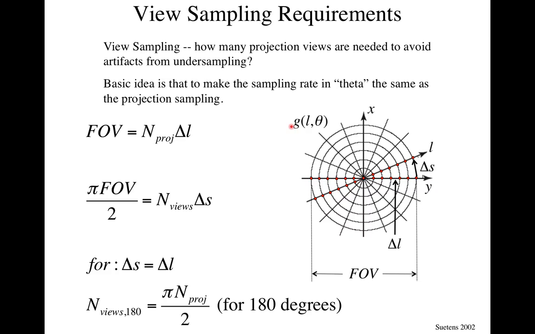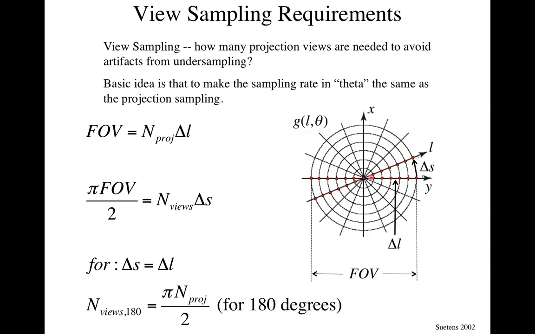So how do we derive this? So if this is the L direction, and we're taking a sample, say, every 1 millimeter in our sampling array, and then I rotate to get a new angle and get a new set of samples, then in space I have a distance between this sample and this sample.